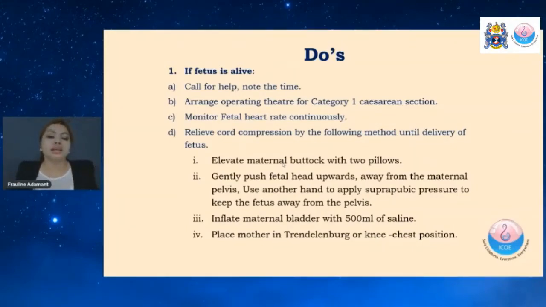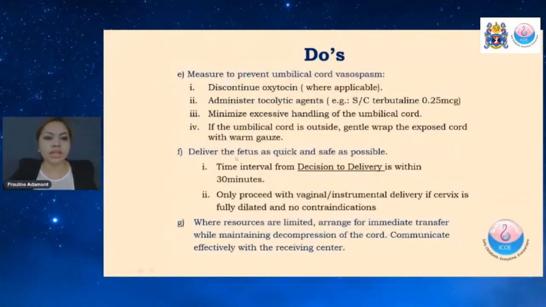and inflate the maternal bladder with 500 ml of saline, and try to put the mother in the Trendelenburg or knee-chest position. Take measures to prevent umbilical cord vasospasm. Discontinue oxytocin.